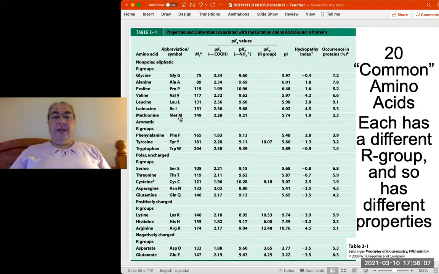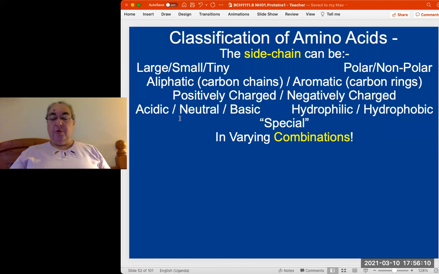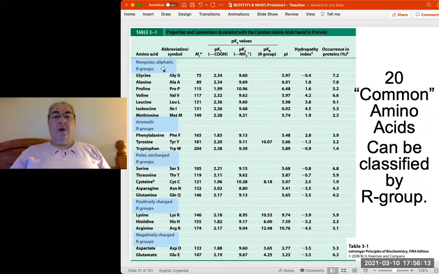But the properties that this table uses to group them are non-polar aliphatic R groups, which is glycine, alanine, proline, and so on. Aromatic R groups, 3 amino acids with an aromatic ring. Polar uncharged R groups, positively charged R groups, and negatively charged R groups. Okay, so that is a very common sort of chemical classification that is often used for amino acids.